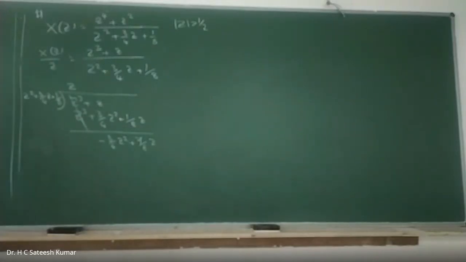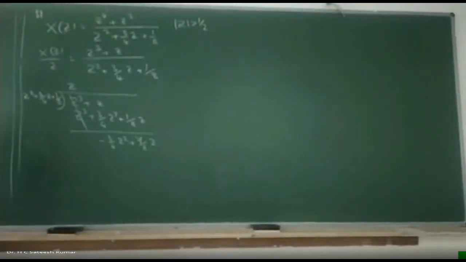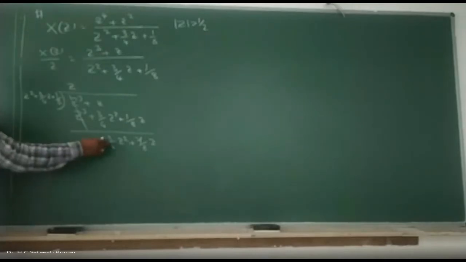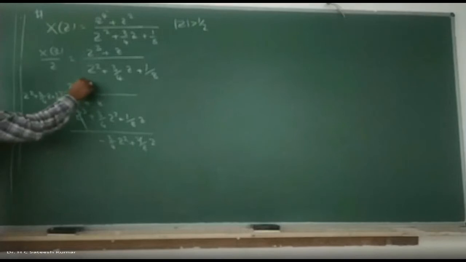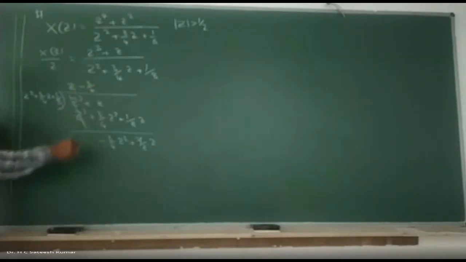Now what you should do? Still the numerator power is 2 and the denominator power is 2. The condition I said is we should divide until the numerator power is less than the denominator power. So once again, you want Z square, and minus 3 by 4 is also required, so I will write minus 3 by 4. This Z square is readily available.